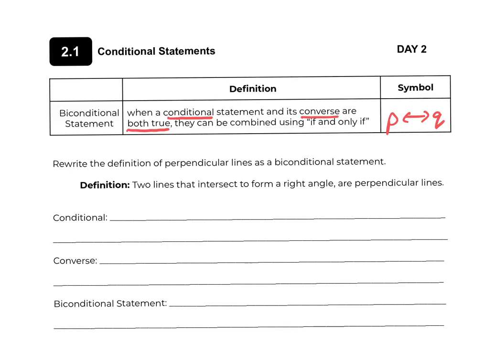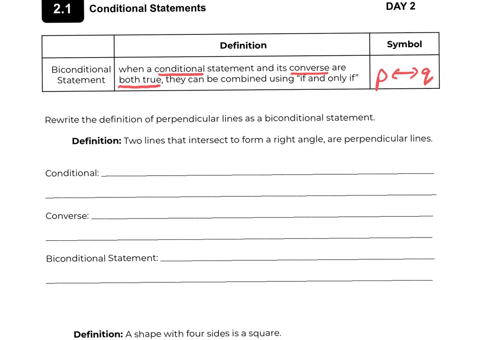Because it goes both ways. Both of them imply each other. The way that we would read that is P if and only if Q.